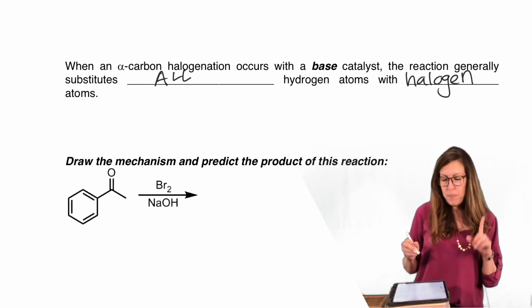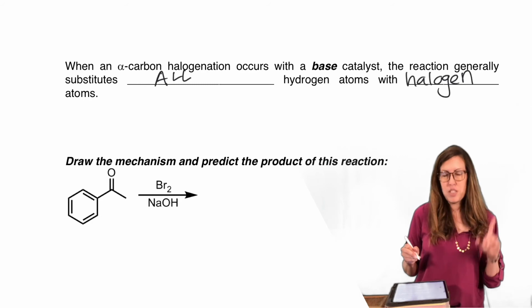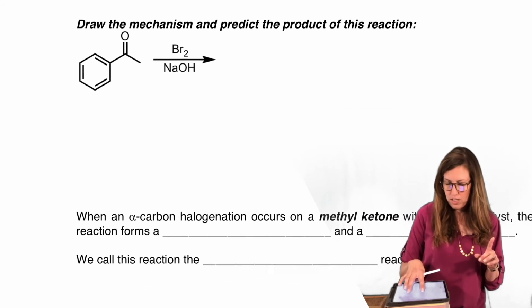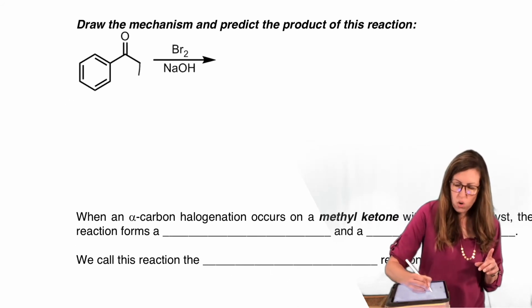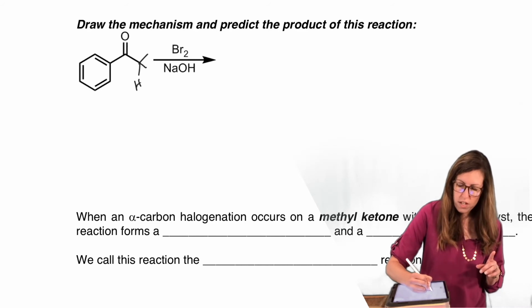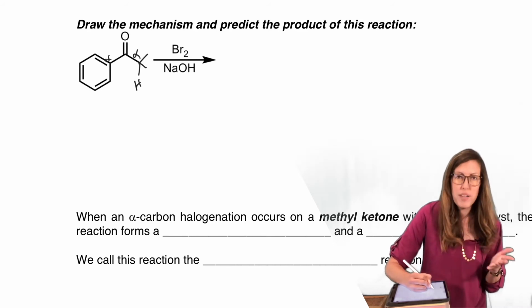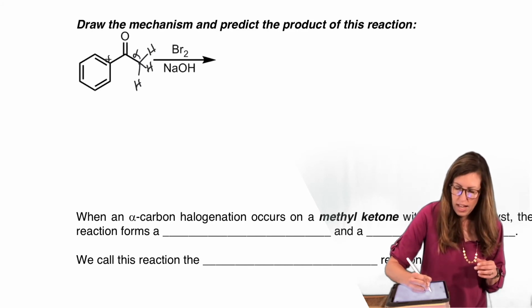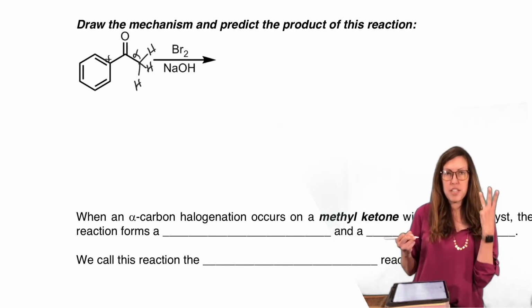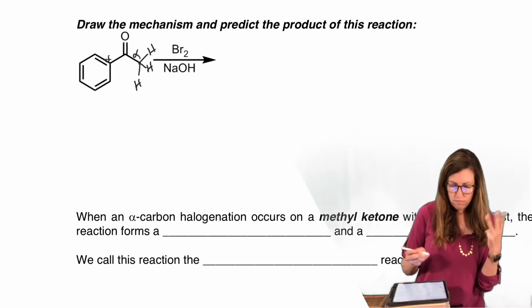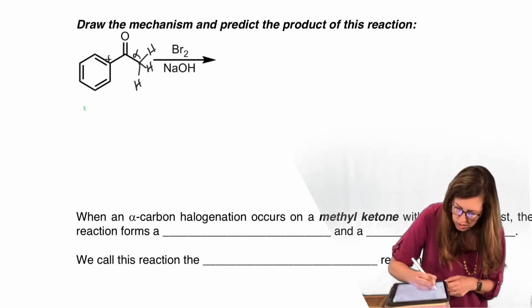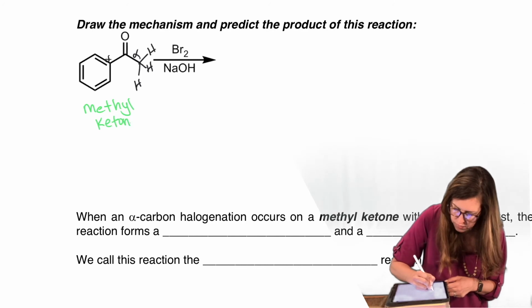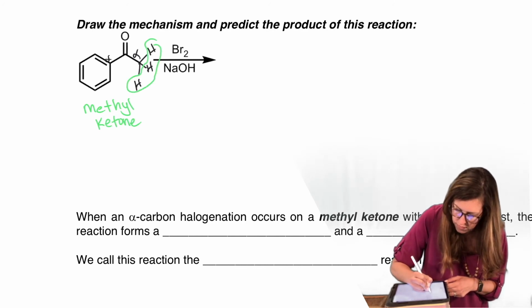So the special case, which is the lovely iodoform reaction I started with, only occurs when one of the alpha carbons has 3 H's. It's a methyl ketone. So this is a methyl. You have to have a methyl attached ketone with 3 alpha H's.